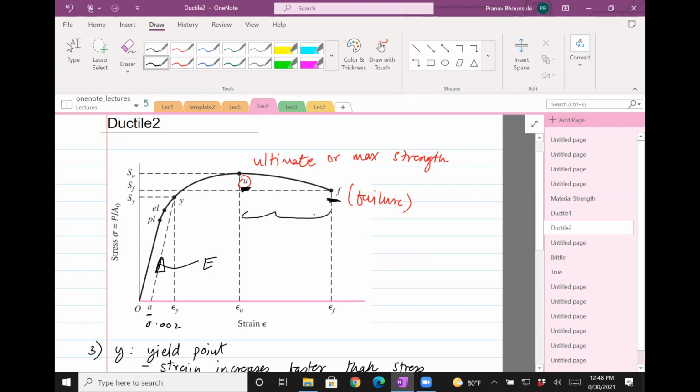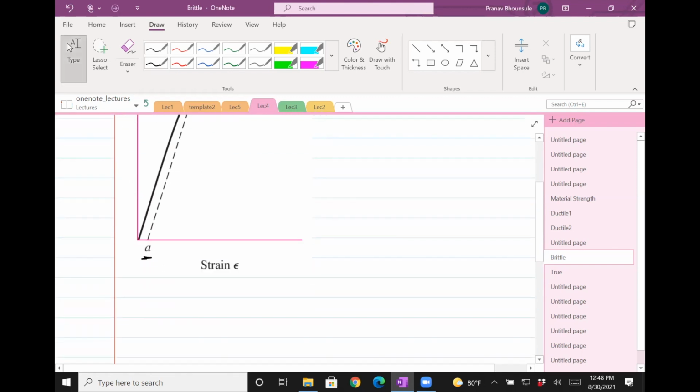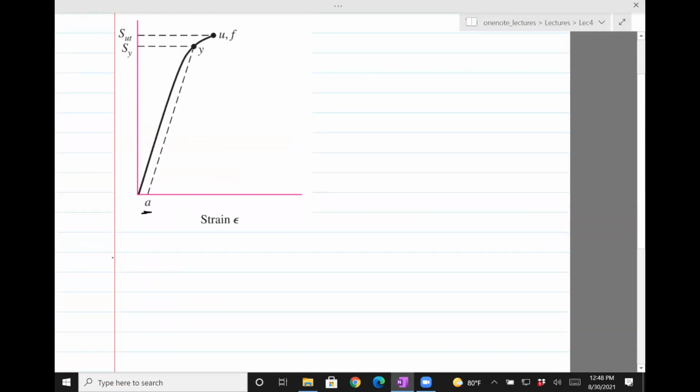There was this whole strain where it was still bearing the weight before it failed. But for a brittle material, that's not true. The point at which the ultimate strength occurs and the point at which it fails is the same. At U, the material breaks, so that U and F are the same point.